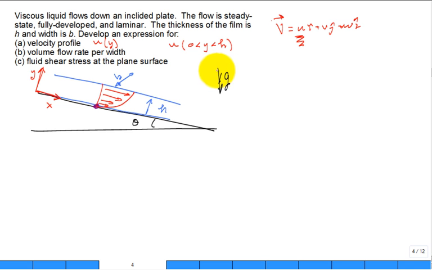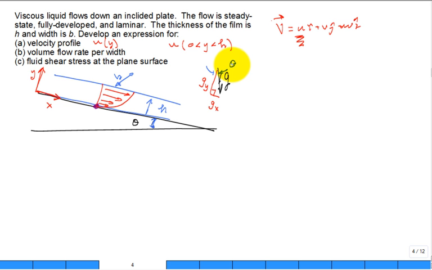So I want to put a little right triangle right there, and talk about G in the Y and G in the X. And what is the relationship between this angle theta down here and that angle theta of that little right triangle? Are they the same? Okay.